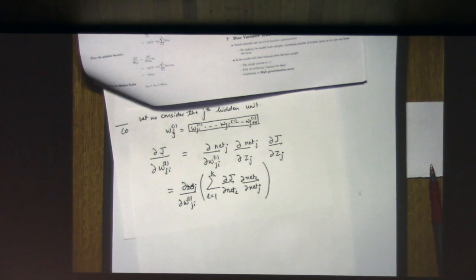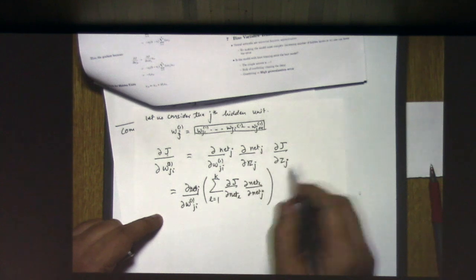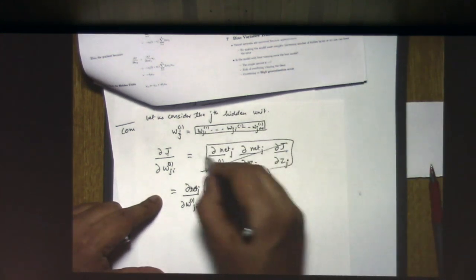I'm sorry. Oh yeah, this. Right. You're right. Well, this should be net of j, right? Okay. Well, for now I'm going to just cancel it.